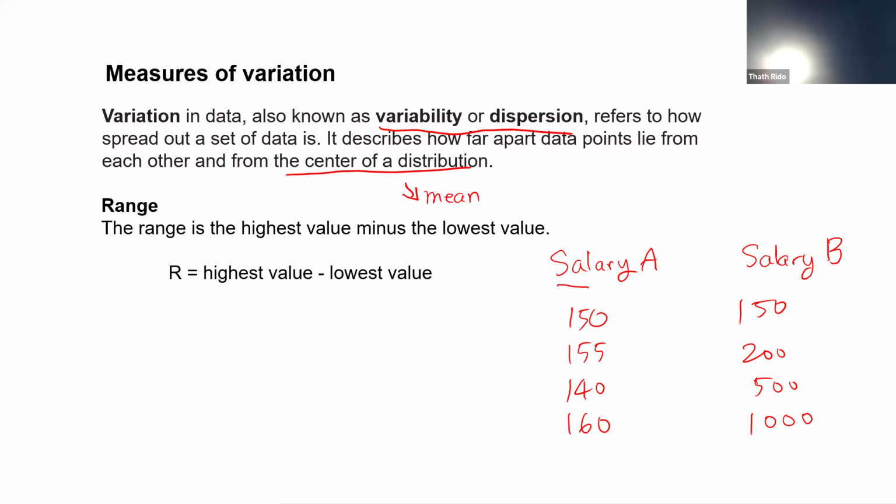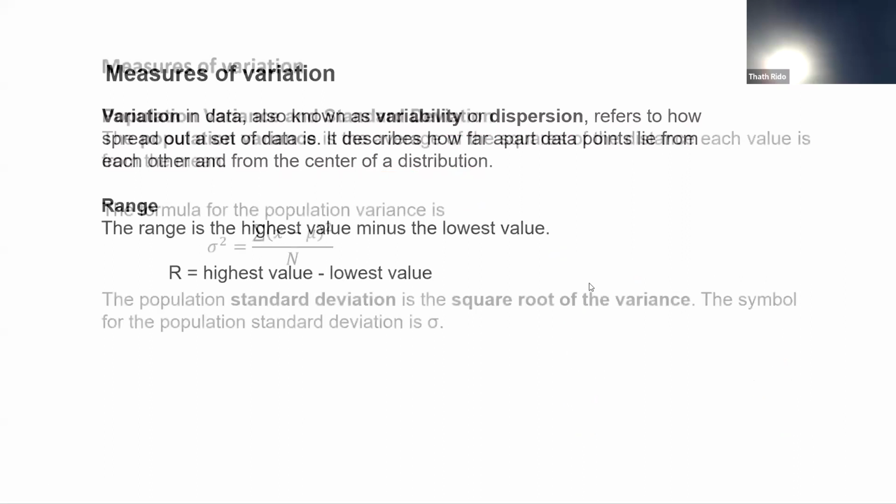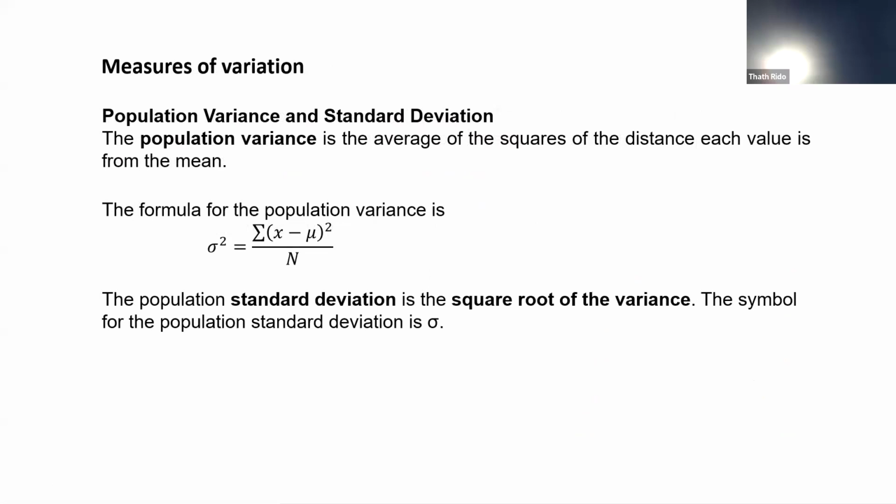Okay, so the first measure of variation is the range, which can be easily computed by just subtracting the lowest value from the highest value. And the second one is variance and standard deviation. So we have the population variance and population standard deviation. The formula is sigma square equals sigma x minus mu square divided by n.